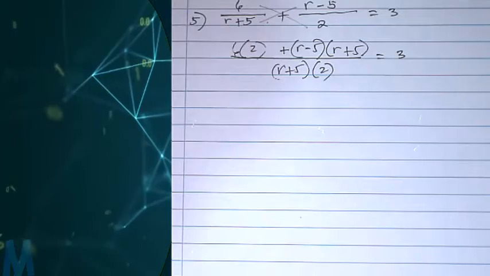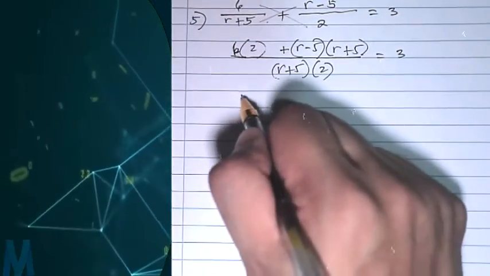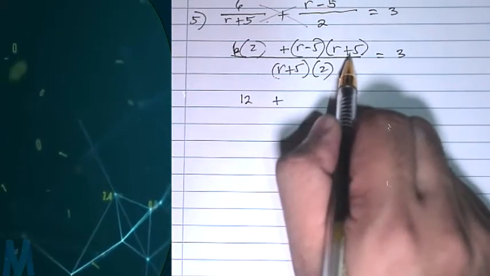So we have here 6 times 2 plus r minus 5 times r plus 5 equals 3. Okay? So this is 6. Then we have 6 times 2 is 12 plus r minus 5 times r plus 5.